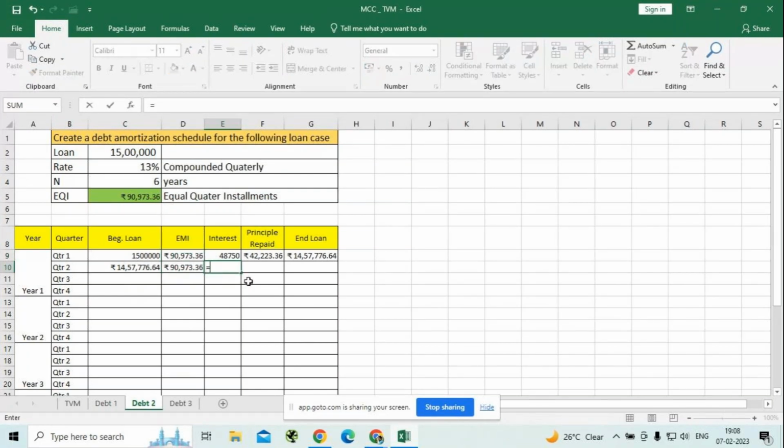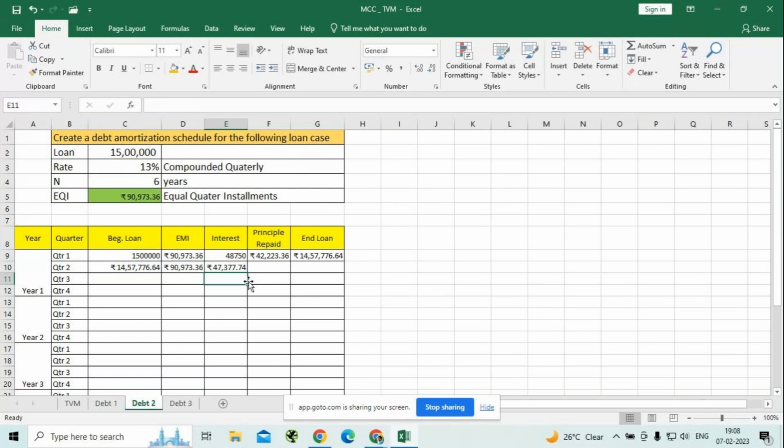The interest will be this quarter's loan into 13% divided by 4, and the principal repaid will be this month's EMI minus this month's interest amount, and the ending loan will be that quarter's beginning amount minus principal repaid.